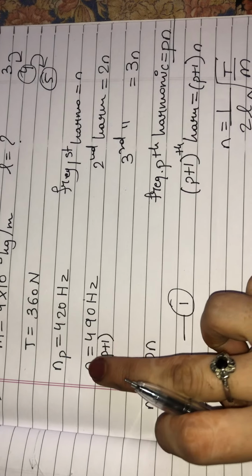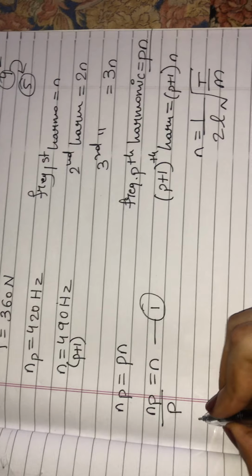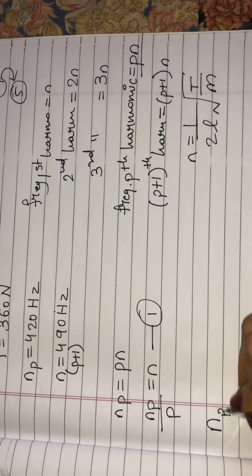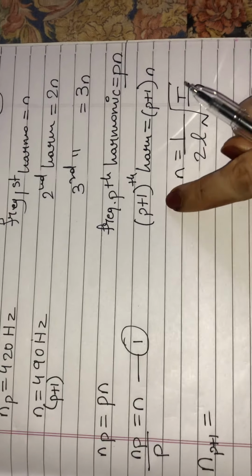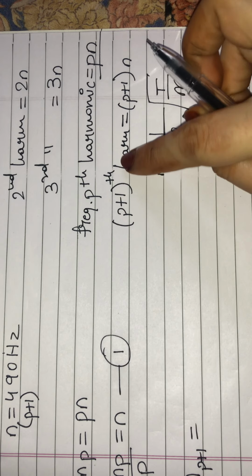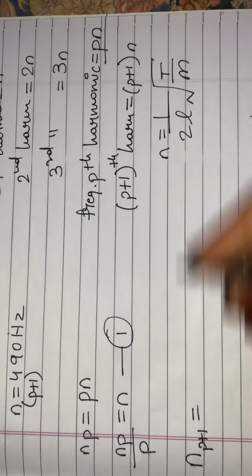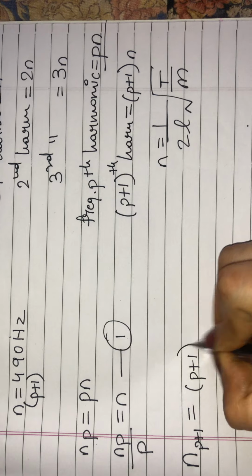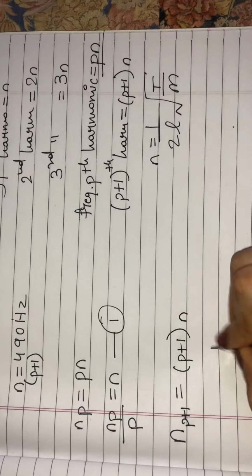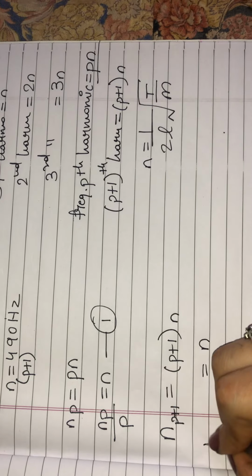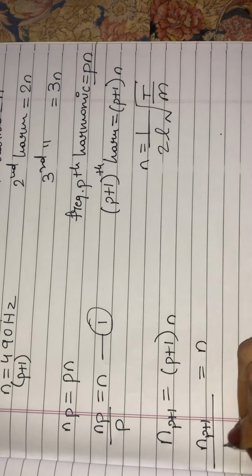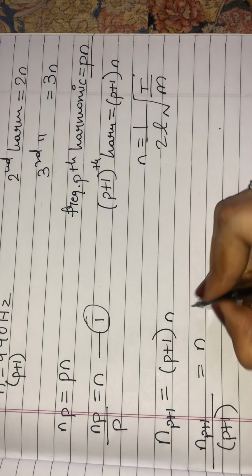Now let's see the frequency of the p plus 1th harmonic. It is (p plus 1)n, so I keep n on this side and p plus 1 in the denominator. This is 2.